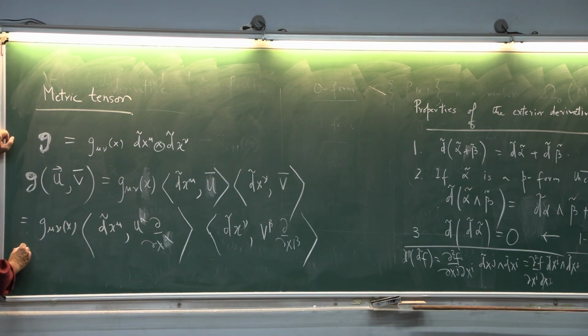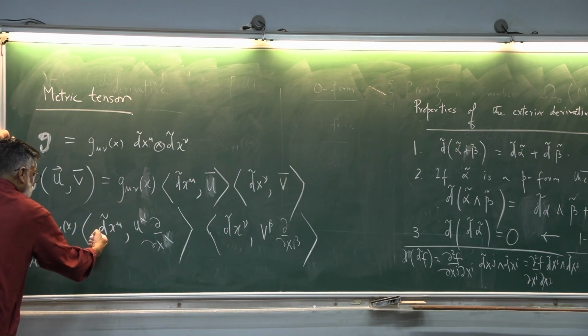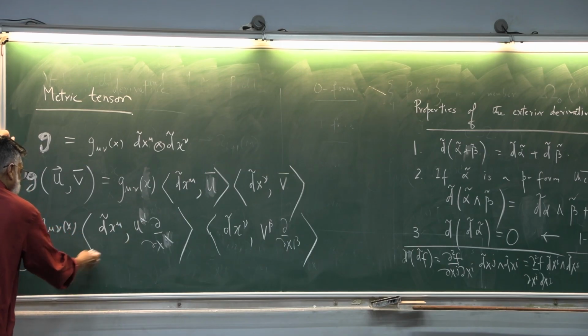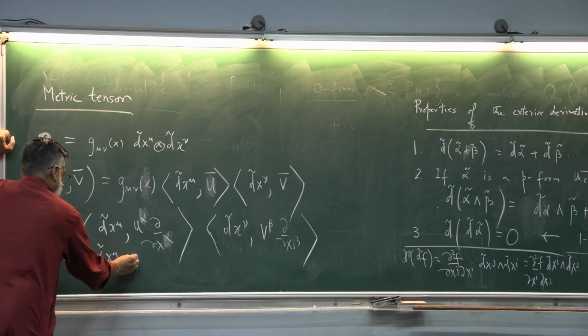So this we know. So let's explicitly write, because we are doing it for the first time. No harm in explicitly doing it. So this operation of a one form on vector field is a linear operation. That means U alpha will come out, and this is simply dx mu del by del x alpha.